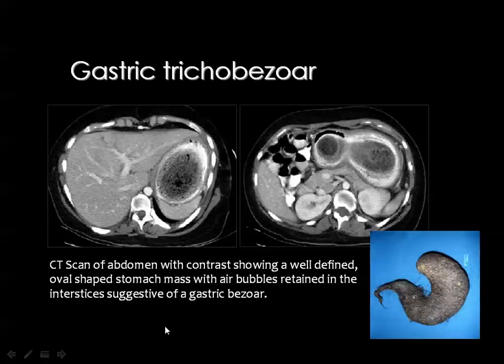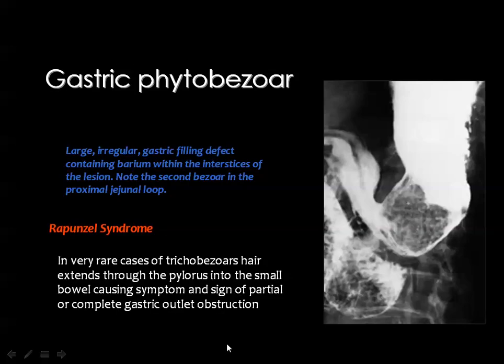And you know that in order to get rid of this bezoar, you should have surgery, and the stomach should be evacuated from this massive accumulation of hair, as you can see. Then if the bezoar has a component in the stomach and has extended into the small bowel, this is known as Rapunzel syndrome, I assume.